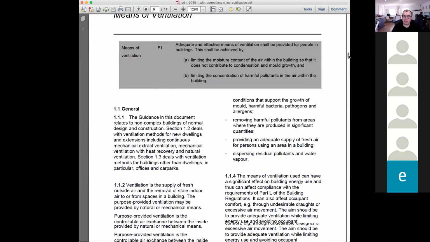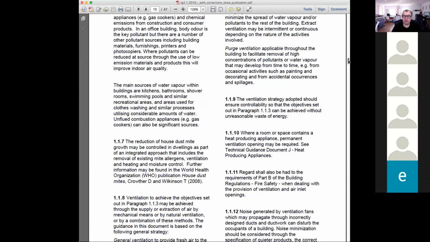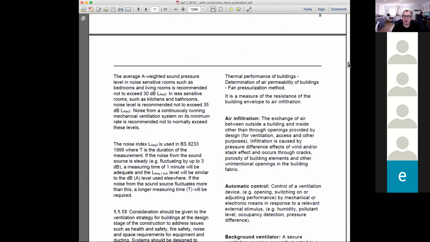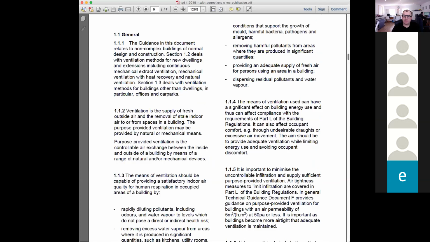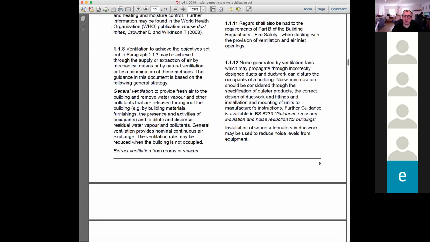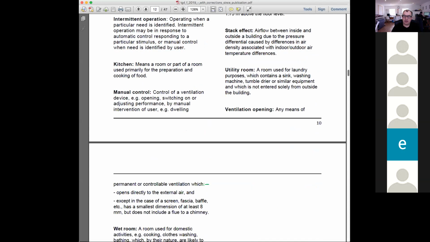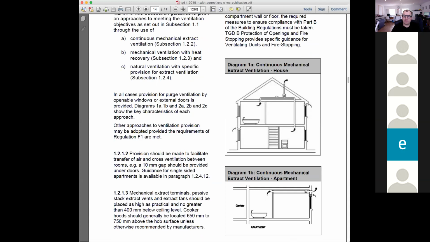And if you adhere to these regulations, it gives you lots of guidance on the names of what things are, like we saw there: ventilation strategy, air infiltration, continuous operation. It's giving you different options for continuous mechanical extract. I'm going to show you what that is in a moment.